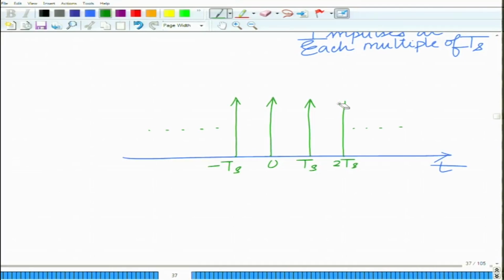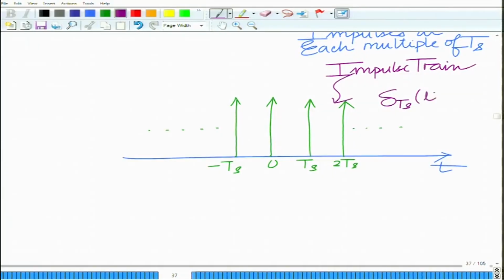So, this is basically your impulse train or your train of impulses. Okay. So, this is your impulse train, that is impulses spaced at equal intervals on the time axis at multiples of Ts, where Ts is the sampling interval. Okay. And this is your delta of t minus kTs. Okay, this is your impulse train.